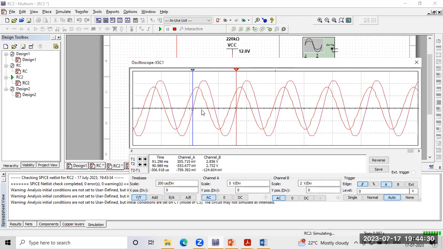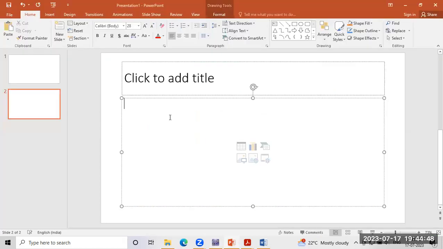What are the total steps in one full cycle? Measuring: 0.2, 0.4, 0.6, 0.8, 1, 1.2, 1.4, 1.6. So 1.6 steps equal 360 degrees.